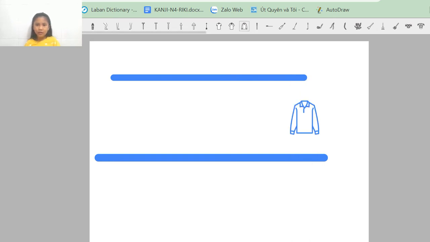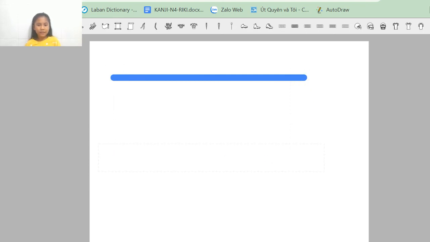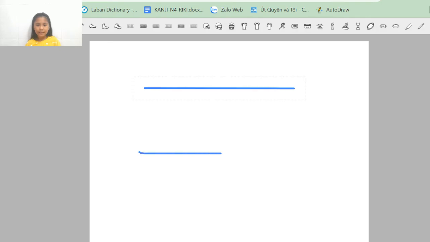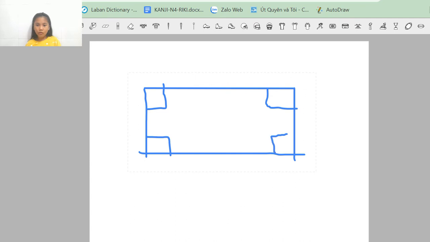It means in a rectangle you can see there are 2 pairs of lines that are equal. A rectangle also has 4 angles, 4 corners, and 4 sides.